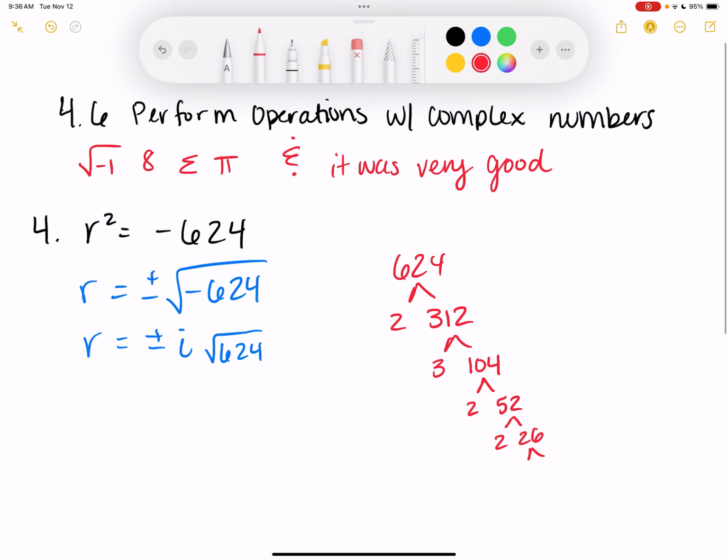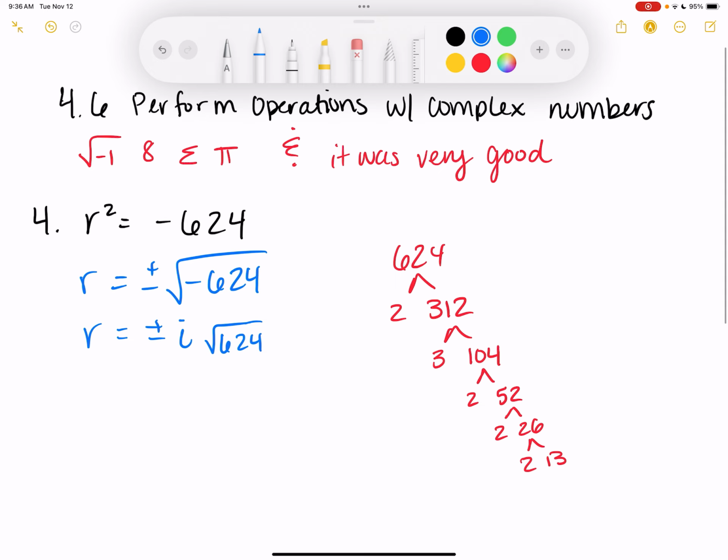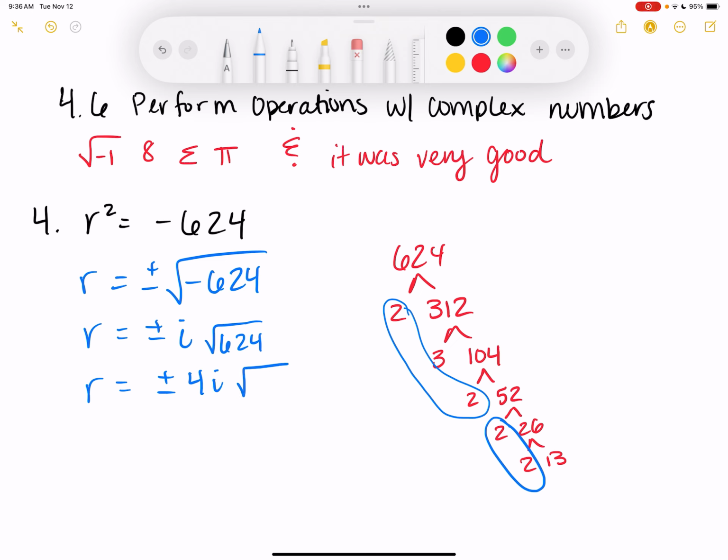Then 2 and 13. And 13's prime. Alright, so I can take out a group of 2s. I have two groups of 2s, and I'm left with a 3 and a 13 inside. So R equals plus or minus 4I times the square root of 39.